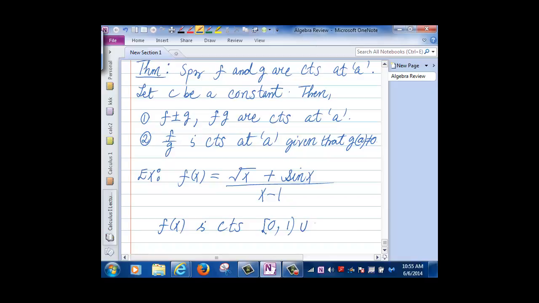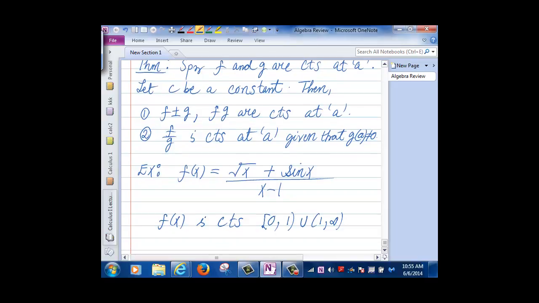And then this is from 1 to infinity, okay? Is everybody okay with that? Now whenever you have an end point like 0, make sure that you understand I'm not saying f is continuous at 0, I'm saying f is continuous at 0 from the right only. Okay, so that's how I can determine.